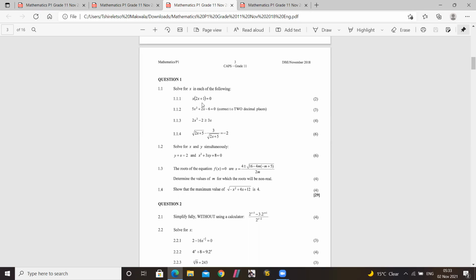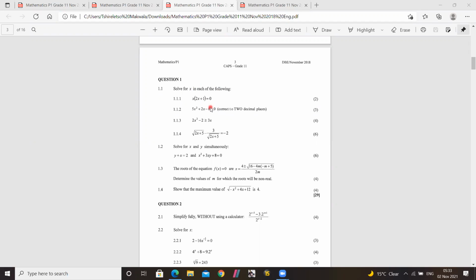So in this case, what will you do? You'll say x is equal to 0, then 2x plus 1 is equal to 0, right? Therefore, x is equal to 0, then x is equal to negative a half for this one.